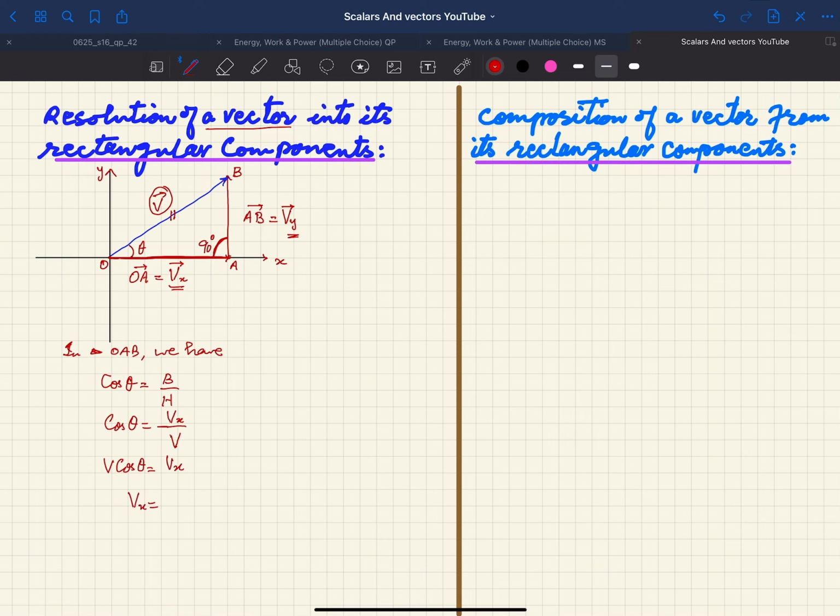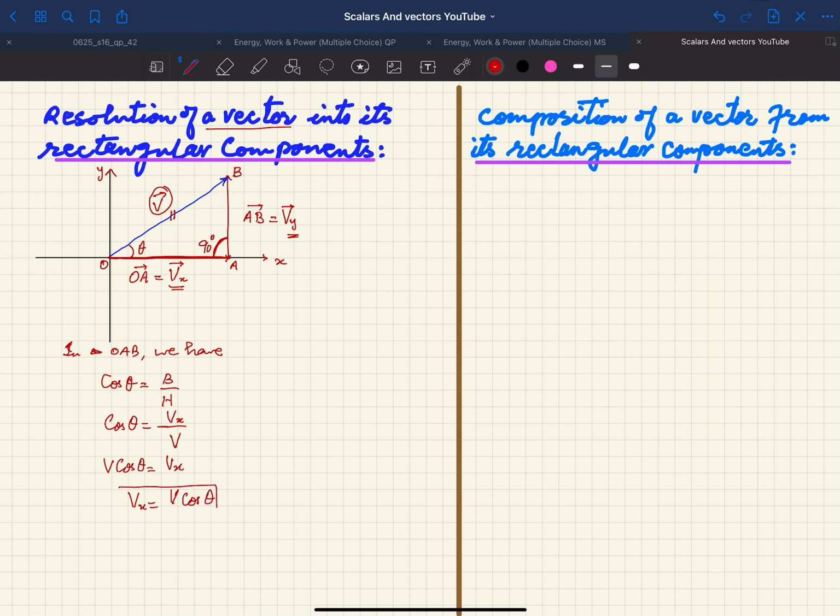One of the components, the adjacent side, which is the base in this case, is given by V cos theta. We can find the x component by using this simple formula: Vx equals V cos theta.